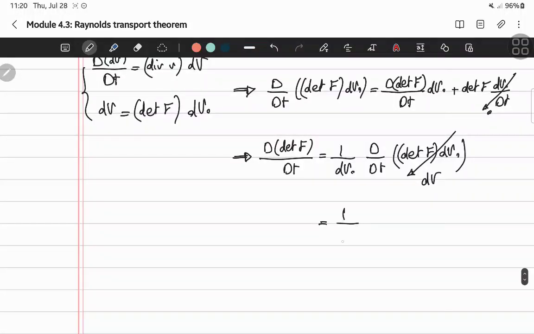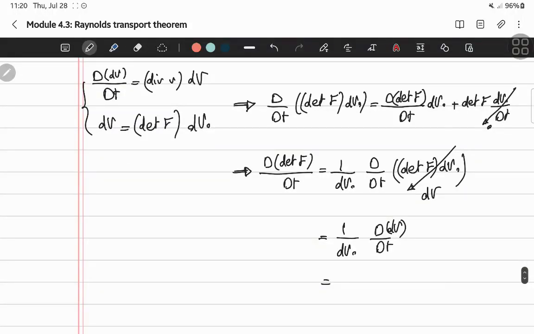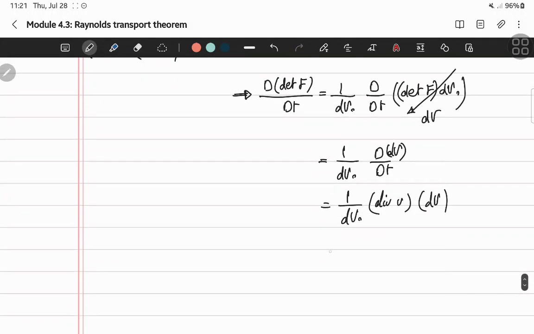So this is equal to 1 over dV0 times the material derivative of dV, and we know that the material derivative of dV is the divergence of v times dV. So it is equal to 1 over dV0, divergence of v, dV, and dV itself is the determinant of F dV0.